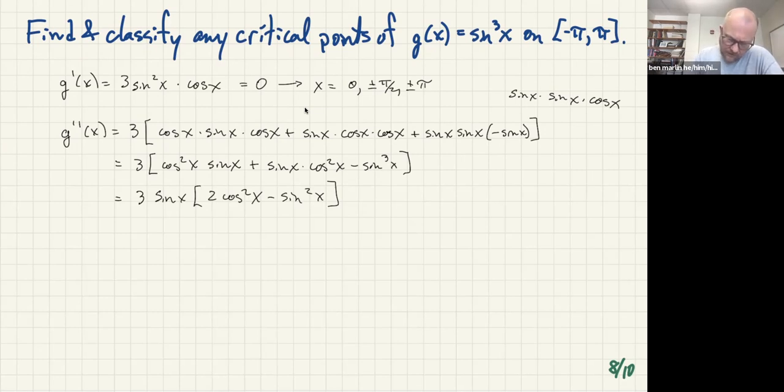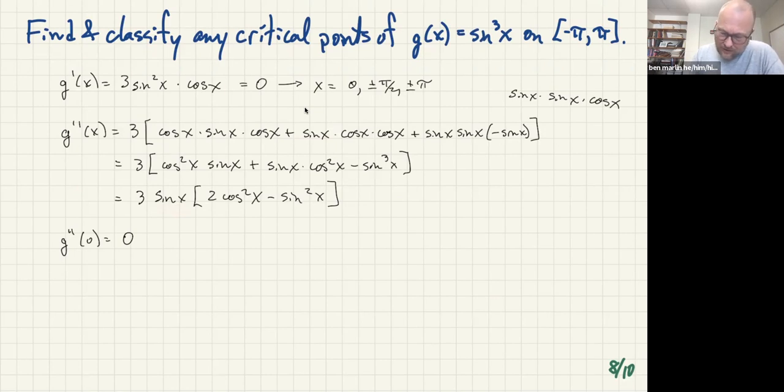So we're going to have to come along here and say g double prime of 0. And because sine x is in there, getting this to be 0, we're going to have the test failing for us, right? As a matter of fact, all of these where the sine of x is turning out to be 0, we're going to end up having this fail for us.